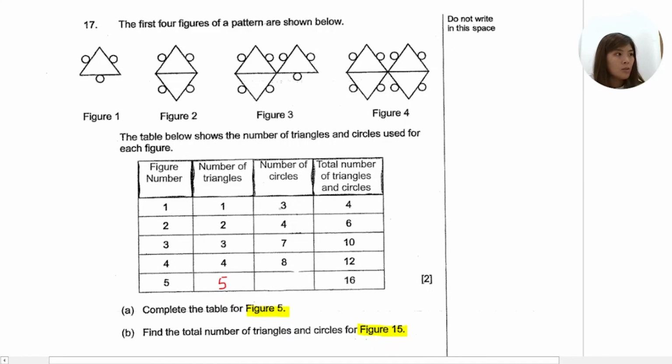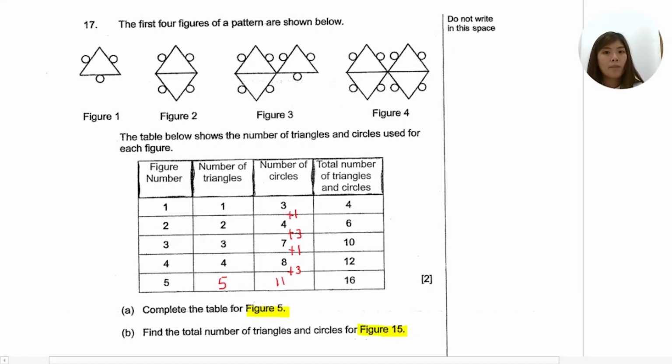Number of circles, okay, so figure 1 you have 3, figure 2 you have 4, so here plus 1, right? Then figure 3 plus 3, then 3 to 4 again plus 1, so 4 to 5 you expect it to be plus 3, 11. So part A will be, your answer will be 5 and 11.